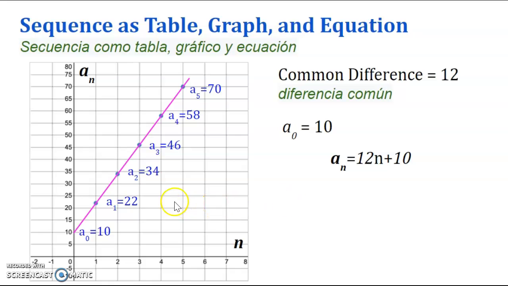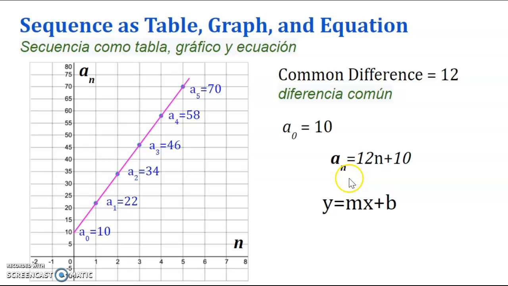But also notice that we said that if I was to draw a line connecting them, then it would form a straight line. Do you remember y is equal to mx plus b? That's the equation of a straight line, isn't it? Notice the difference between the sequence equation and the y equals mx plus b.